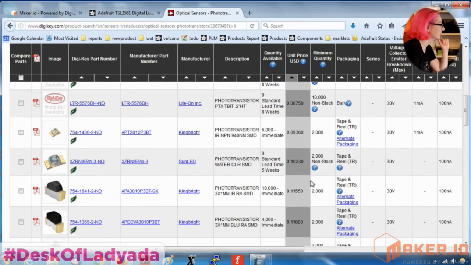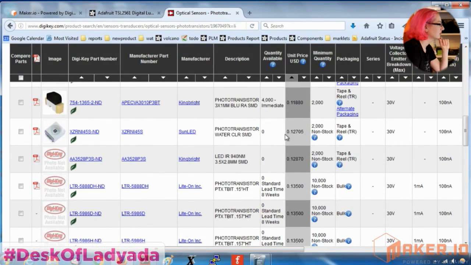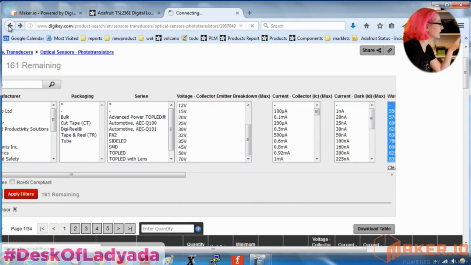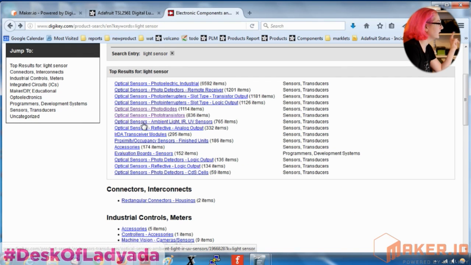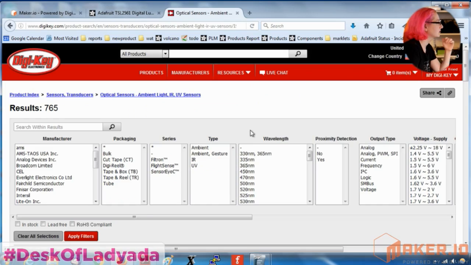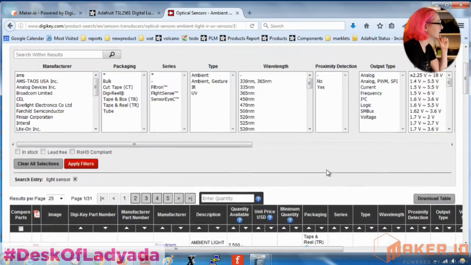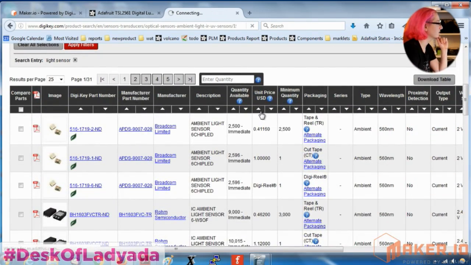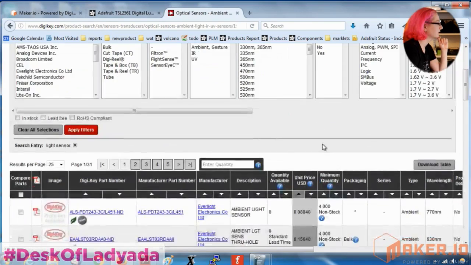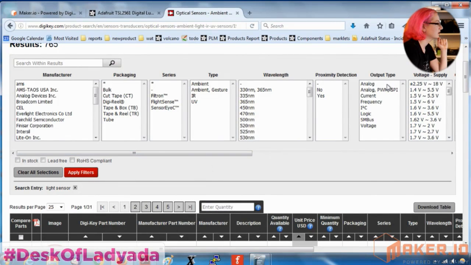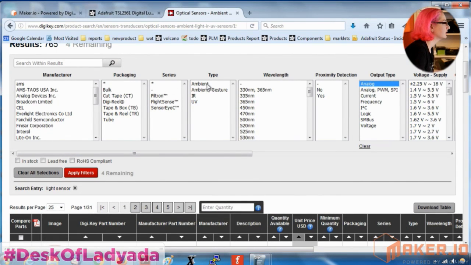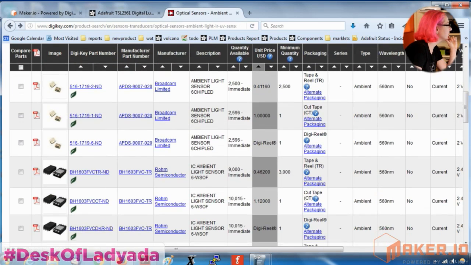There's a couple here. Sometimes you have to pick around which category you want to be in. Let's look at ambient light sensors. I'm trying to remember where I found this sensor. No, it was under phototransistors.